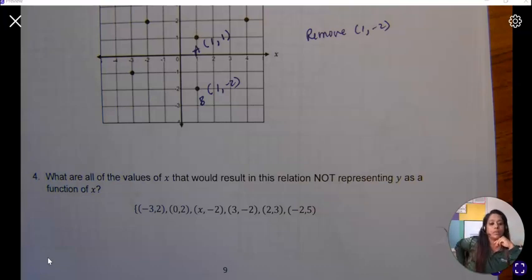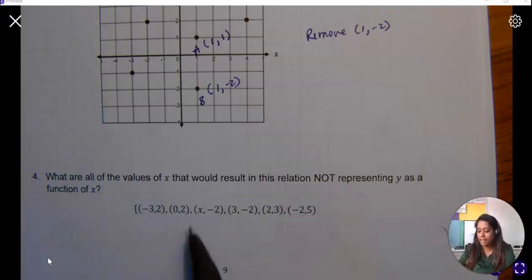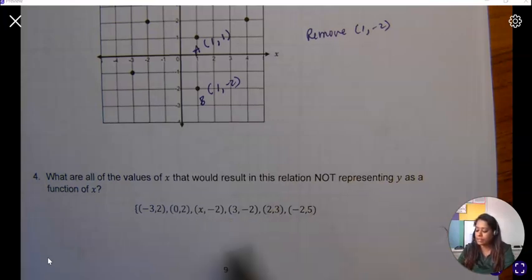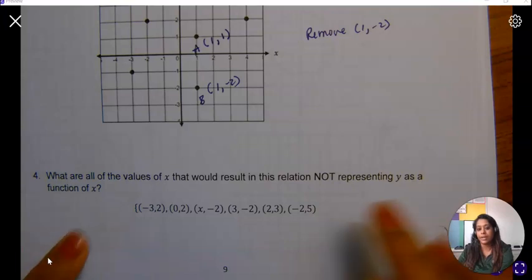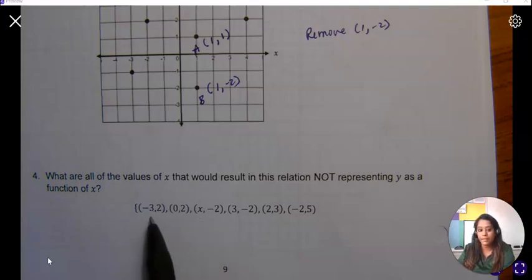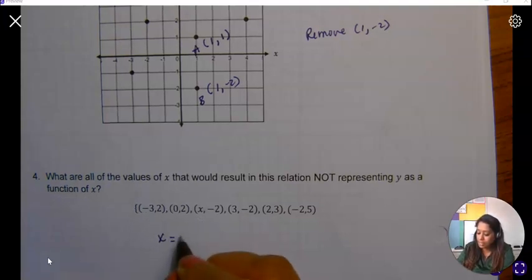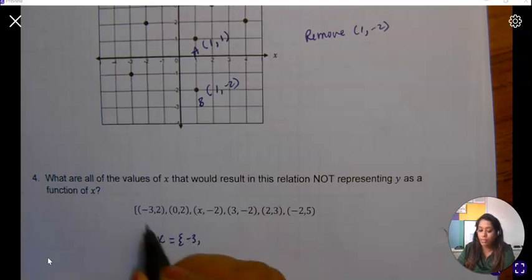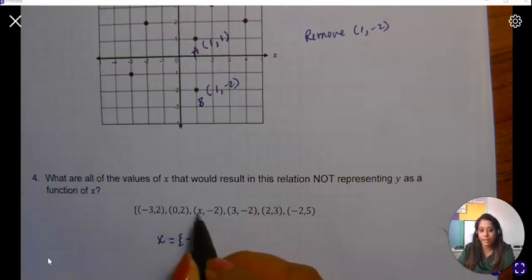Number 4 says, what are all of the values of x that could result in this relation not representing y as a function of x? So basically what they're asking is, I have x here, which I don't know what it is, but what they're asking for is make a relation here that would represent not being a function. So I know that if x is negative 3, it won't be a function because then your x would be repeating.